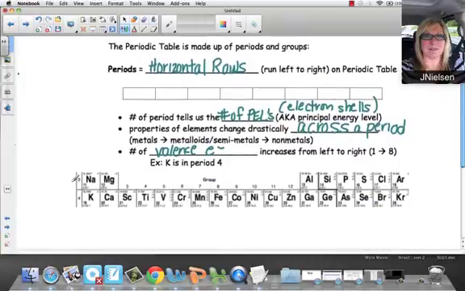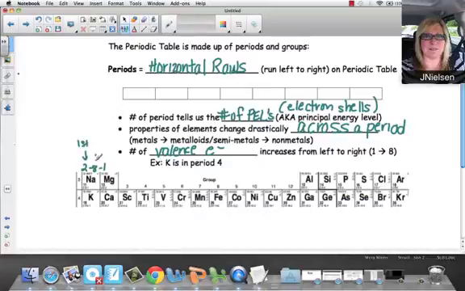Down here, I have copied period 3, which contains sodium, which has an electron configuration of 2, 8, 1. I'll write it a little bit bigger if you don't have your table out. So period 3 tells me that there are 3 principal energy levels. Here they are. This is the first principal energy level.